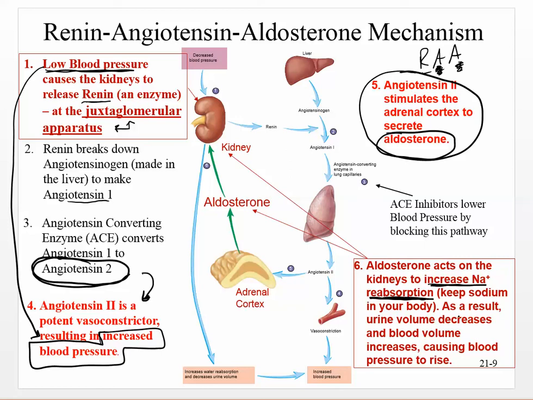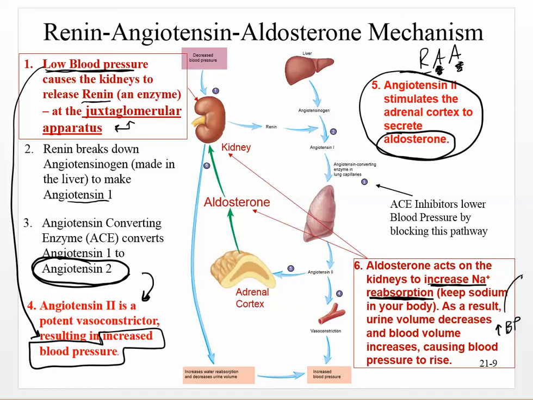If you have more sodium in your body, the water is going to stay in your body. That's also going to increase blood pressure. Sodium stays in, then chloride is going to be co-transported back in, and water is going to either remain or follow it. So as a result, your urine volume is decreasing because you just pulled all of that water.